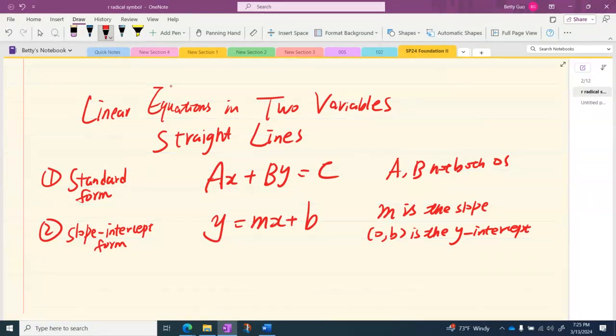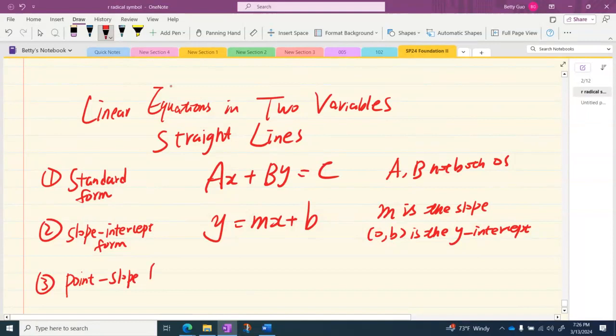That's the reason it's called slope-intercept form. And number 3 is the third form we are going to learn. It's called point-slope form. As the name shows, in the equation we have a point and a slope.